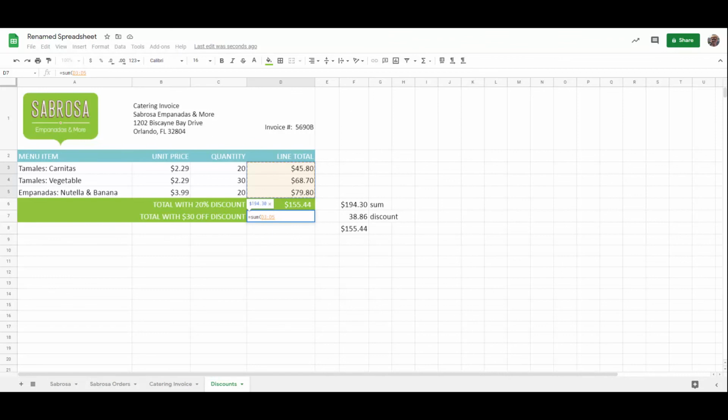Those are the purchases. And then we're going to just subtract 30 because we're taking $30 off. Comparing the discounts, they would either pay $155 or $164, and so that leads me to recommend they use the 20% discount, as they would end up paying $9 less.